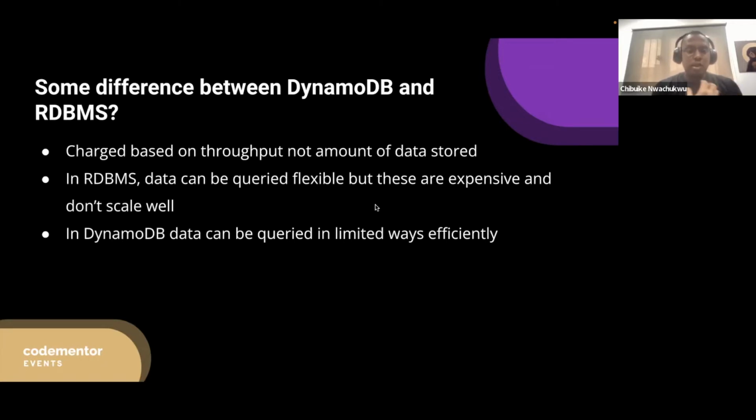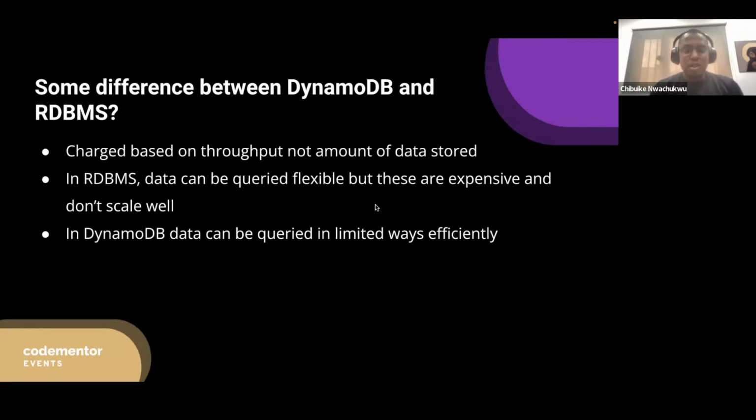But in DynamoDB, we are charged based on throughput. We can see throughput as the read and write capacity of our application, so the amount of data we read and write is how we are charged. It's a bit different from how you normally get charged in a SQL DB.